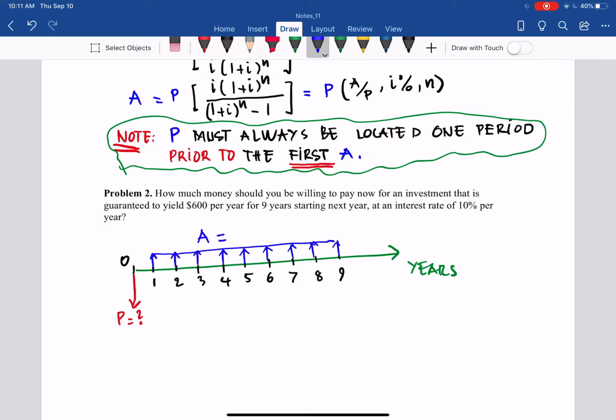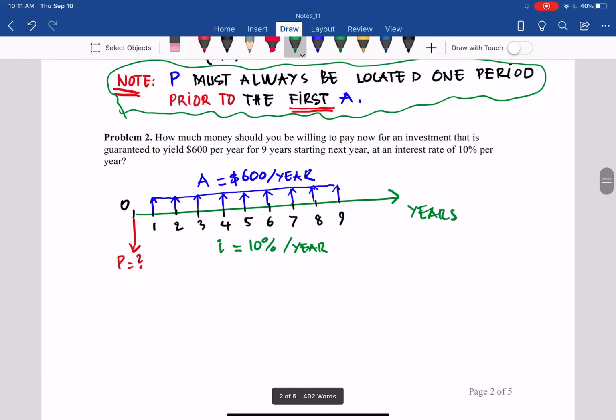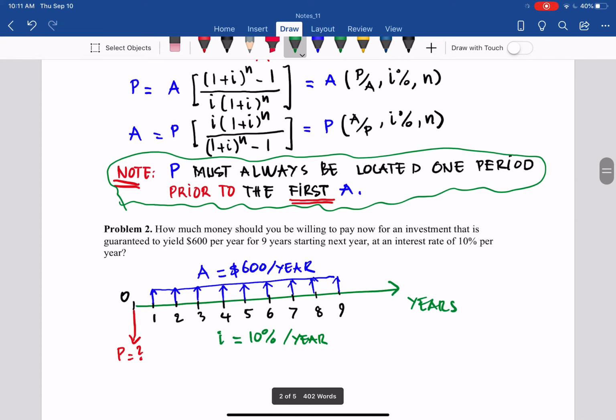A equal to 600 per year, where A stands for the uniform amount. And the interest I is 10% per year. So given A, find P, we can apply the P over A equation.